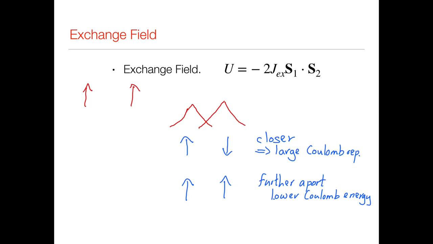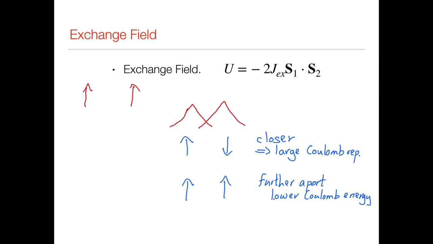Now, there are various other mechanisms by which exchange can happen. It's very ubiquitous. It can take place in insulators, it can take place in metals, and in both, the mechanism of how it happens is a little bit different. But the good thing for us is that we can describe it by a very similar term. Irrespective of what's actually happening at the electronic level, we can write down an equation like this that describes an exchange energy.